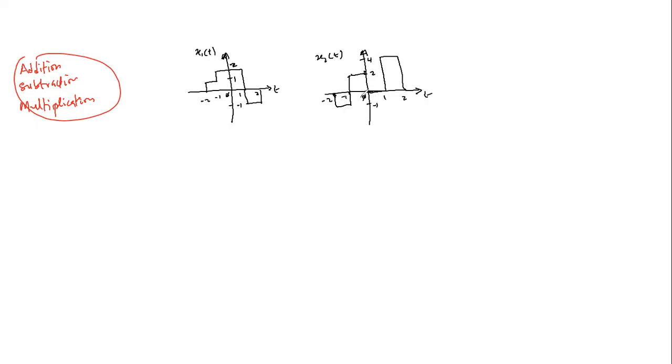So to perform addition, subtraction, and multiplication on these signals, let us draft a table summary. Say t, now we have -2, -1, 0, 1, 2. Then we have x1 of t.